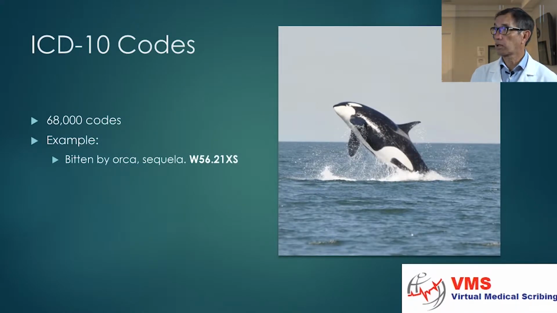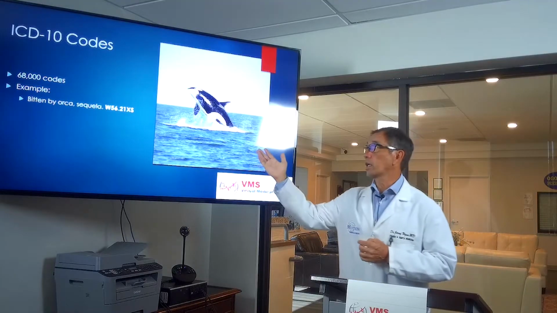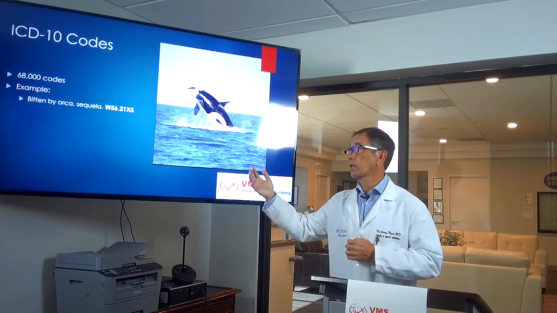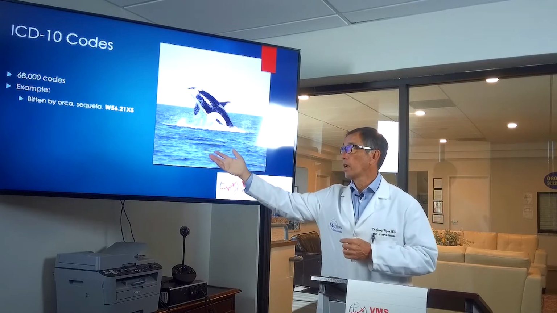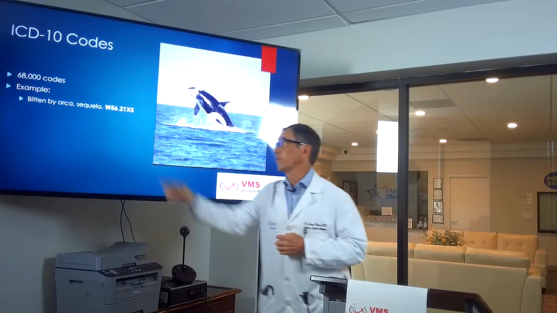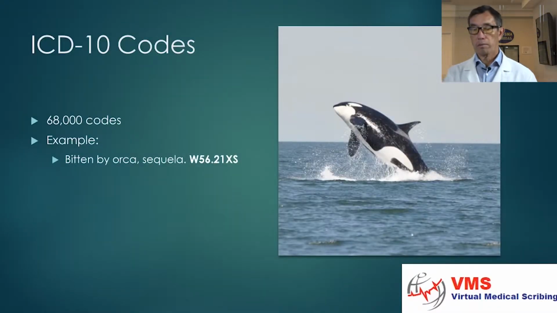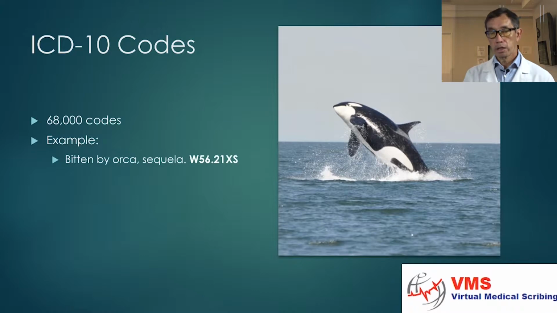I like this one, which is if you're ever bitten by a killer whale, and it's something that's happened already, you would have the sequela, and that would be this W56.21XS. So there's quite a bit of coding to be learned, and just understand that your provider usually gets into a certain pattern and you can learn them.